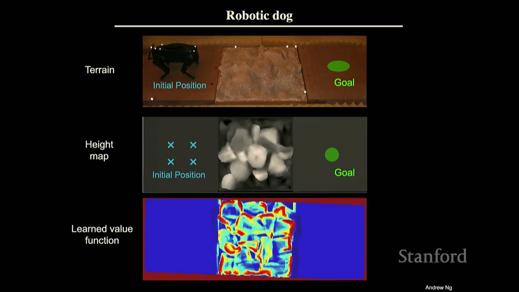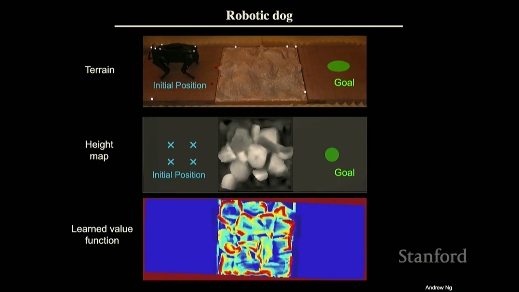I'm simplifying a little bit, but the approximate value function tells it, given the 3D shape of the terrain, the middle plot is a height map where the different shades tell you how tall the terrain is. Given the 3D shape of the terrain, the dog learns a value function that tells it the cost of putting its feet on different locations of the terrain.